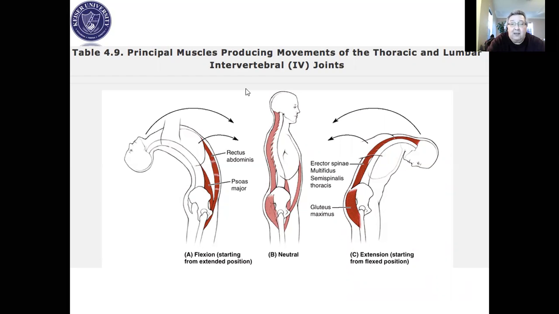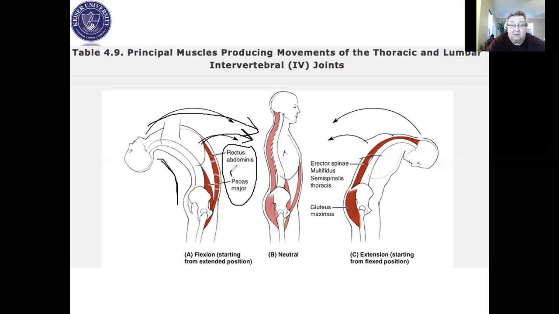As you can see, their body is in extension. And in order to bring their body back to this neutral position, they have to flex. The muscles that flex the trunk and the lumbar area are the rectus abdominis and the iliopsoas.